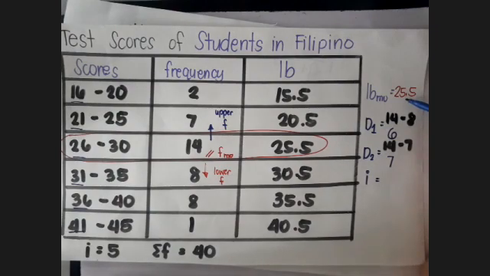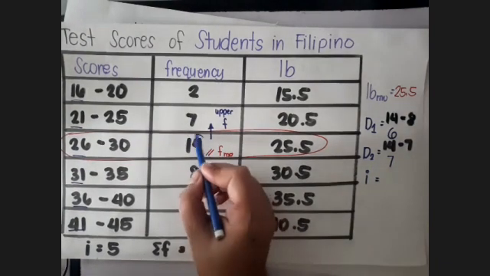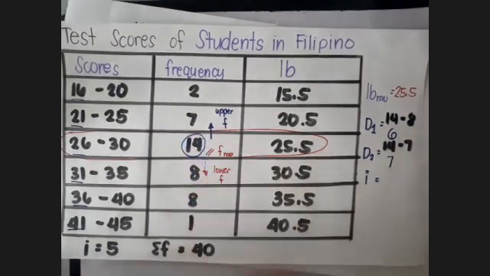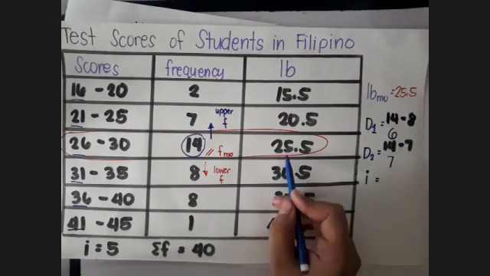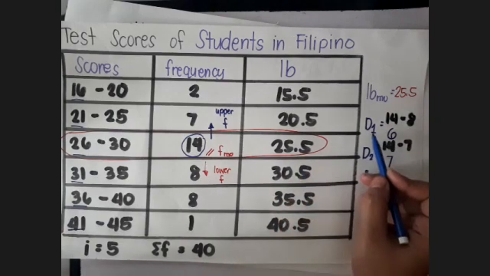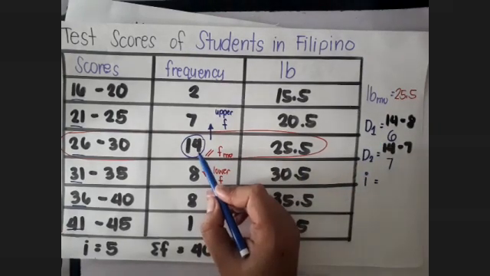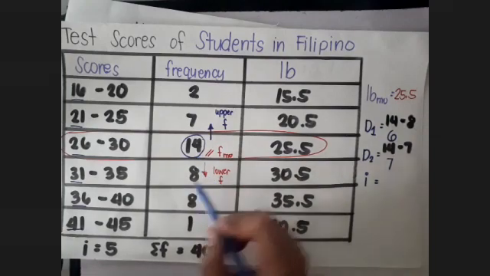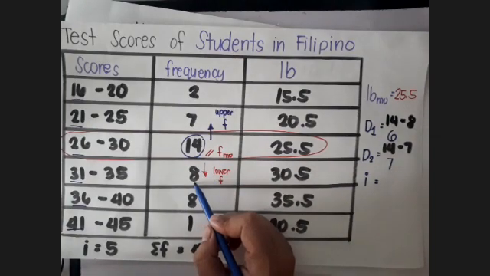So almost makakompleto na natin. So 25.5 is our modal class, lower boundary ng modal class natin. Sa nakuha, yung may pinaka malaking frequency and that is 14. Kaya 25.5 ang ating lower boundary ng modal class. D sub 1 is the difference between 14 frequency ng modal at saka yung lower niya sa ibaba.